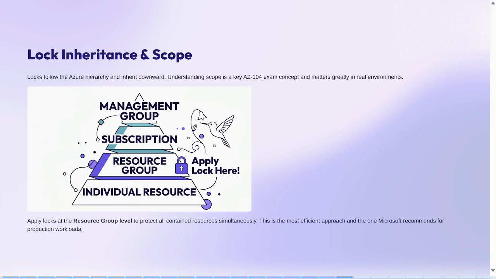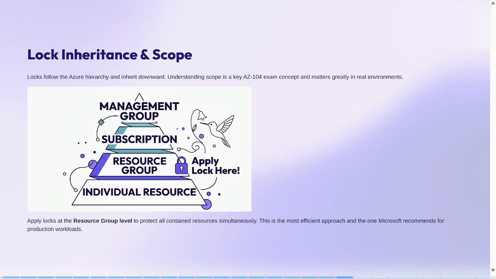So if we apply a cannot delete lock to the resource group, now all resources inside the resource group are protected from deletion. This reduces administrative effort and prevents accidental removal of critical resources. Why is resource group scope recommended? Microsoft recommends using resource group level locks for production workloads because of easier management.